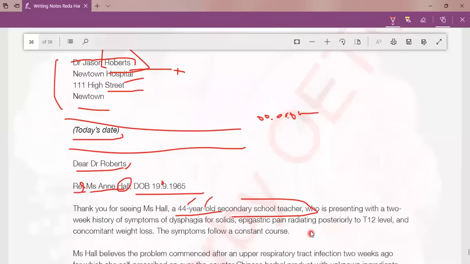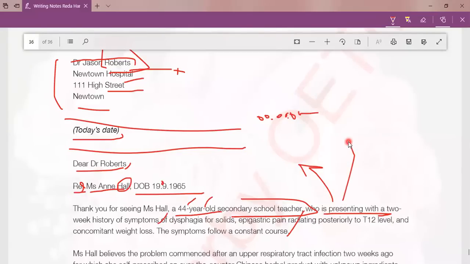Okay, comma, and then who is presented with a 2-week history. Who is presenting with, or who presented with? So who is presenting right now? She's presenting right now. This is present continuous.